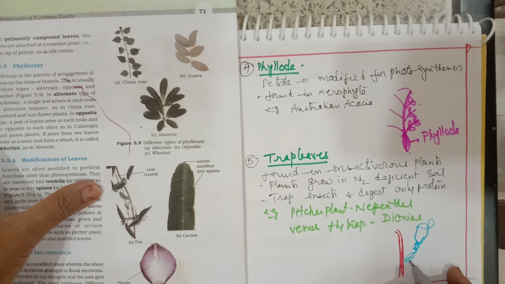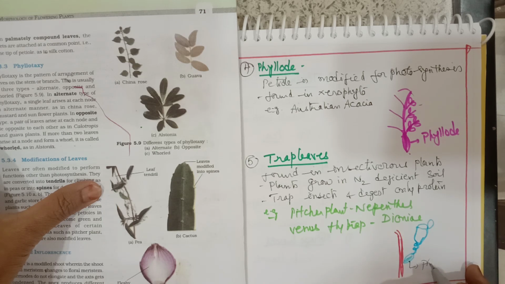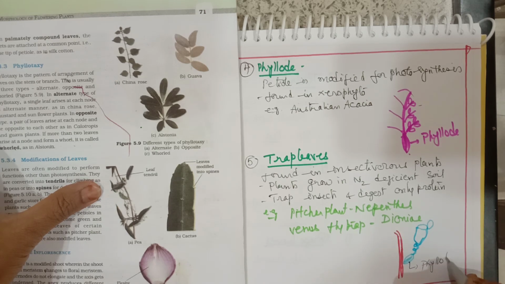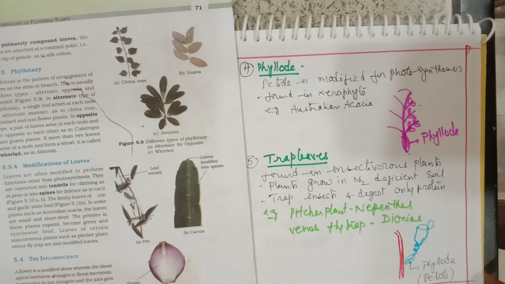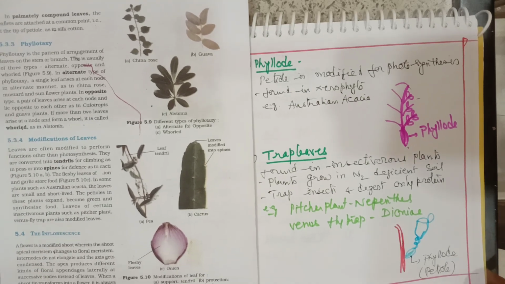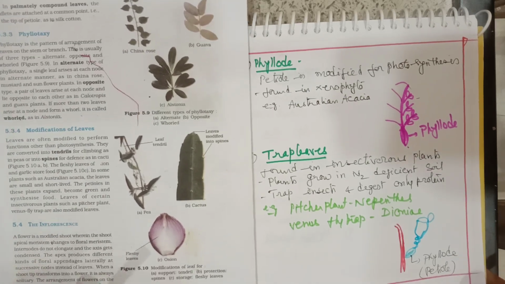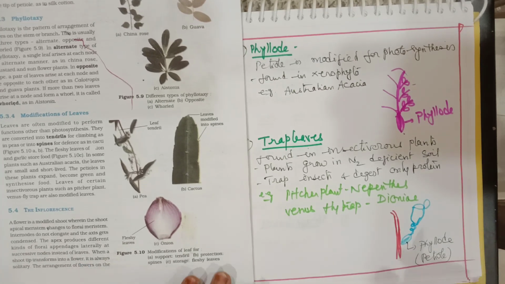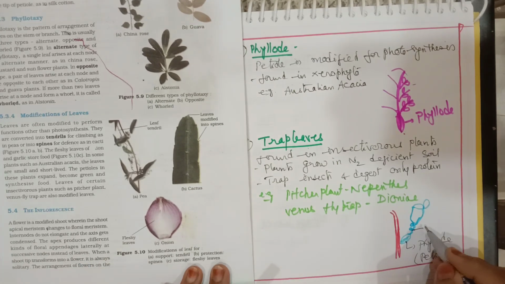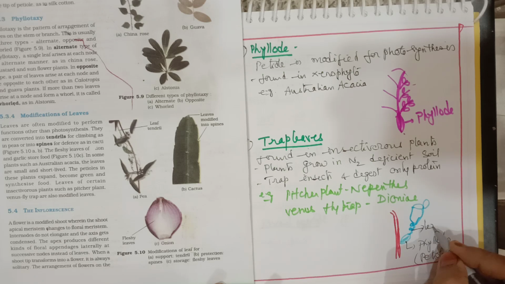This part is called the phyllode. The phyllode is modified from the lower part of the petiole. Similarly, the upper part of the petiole is modified into a tendril.